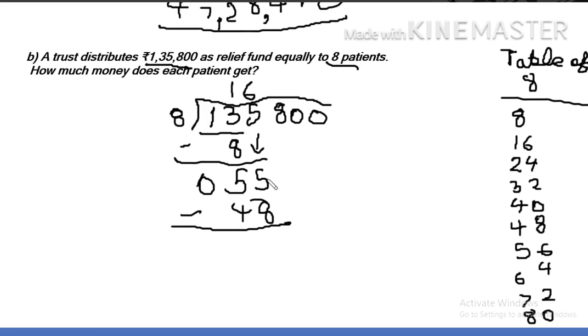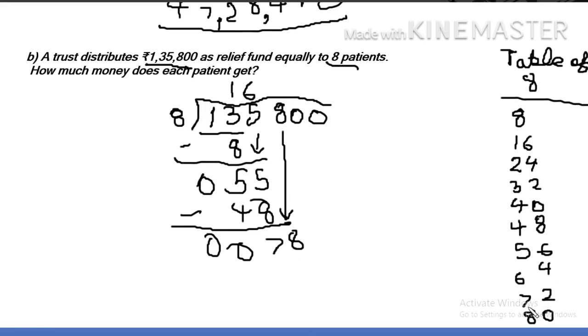We have to borrow. So 15 minus 8 is 7 and 0, 0. Because we have borrowed, here is 4 and 4 minus 4 is 0. Then copy 8.